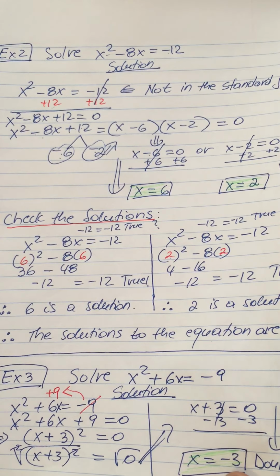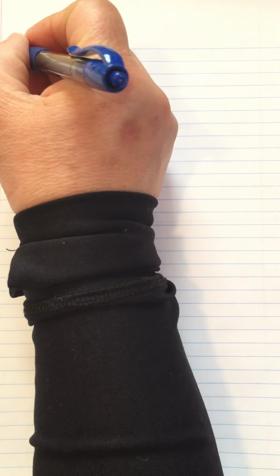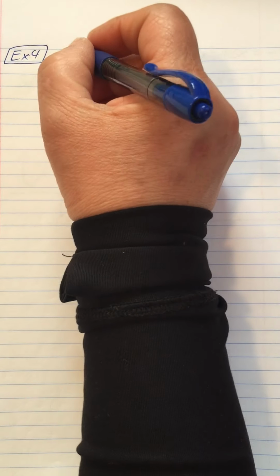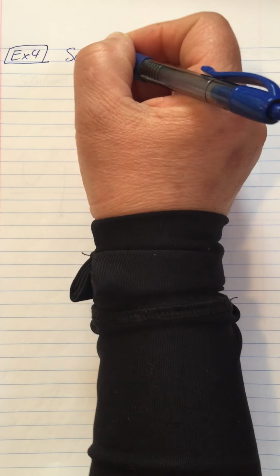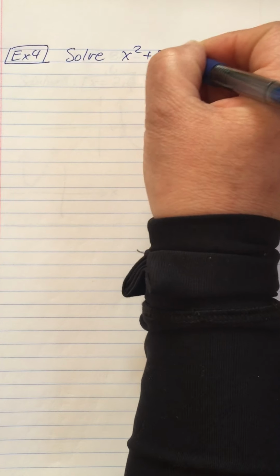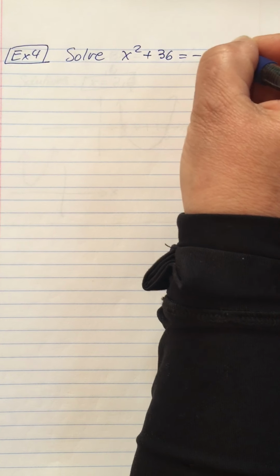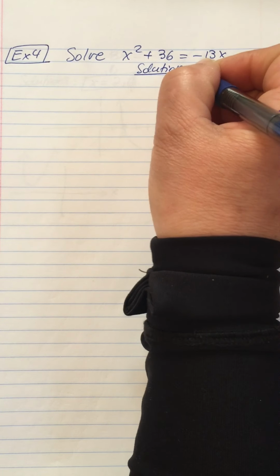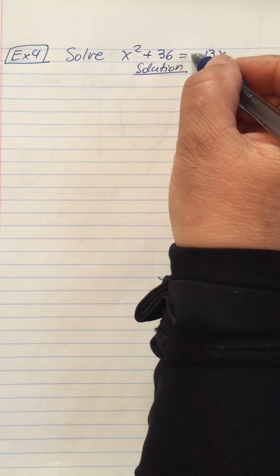Now let's go to do example 4. I want to solve the equation x squared plus 36 equal to negative 13x. So as I see, this is not in the standard form.